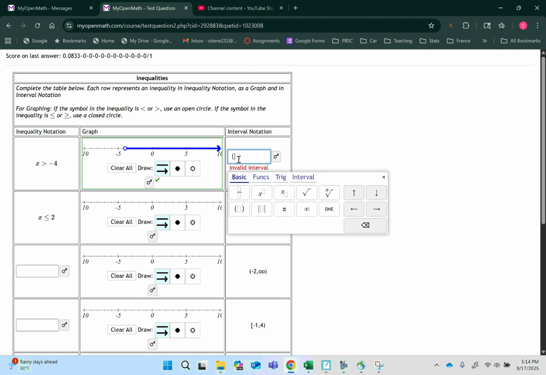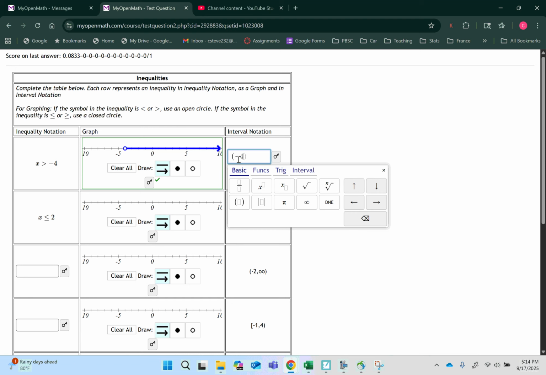So I'm going to put the -4 there to show that starting at -4 as the lowest value, and we're not including -4. That's what the parenthesis means. So we only go to numbers just before -4, not equaling it.